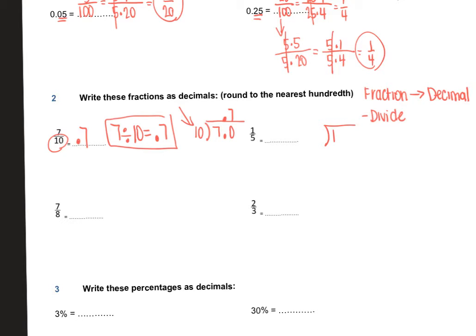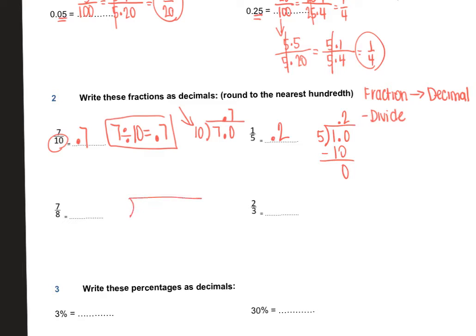I put the 1 on the inside, the 5 on the outside. 5 does not go into 1, so I put my decimal there, add a 0, pop it up to the top. 5 goes into 10 2 times, and when I subtract, I'm done. I also should have done that for the first one, but I knew I was done, so I stopped. Now it says round to the nearest hundredth if necessary, but if you end before that, you are done.